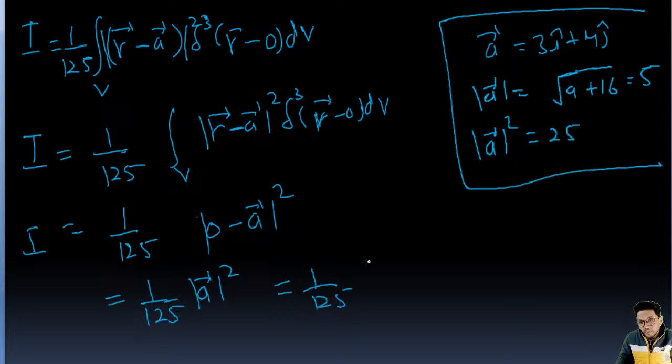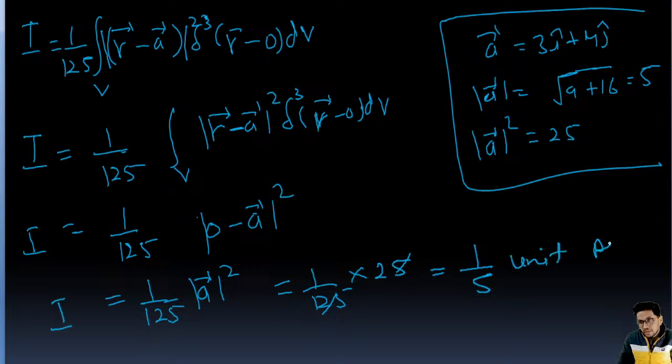So in place of mod A square, we'll write 25. 25 will get cancelled by this one. This is going to be 1 upon 5, 1 upon 5 unit. This is the answer, guys. So very simple one.